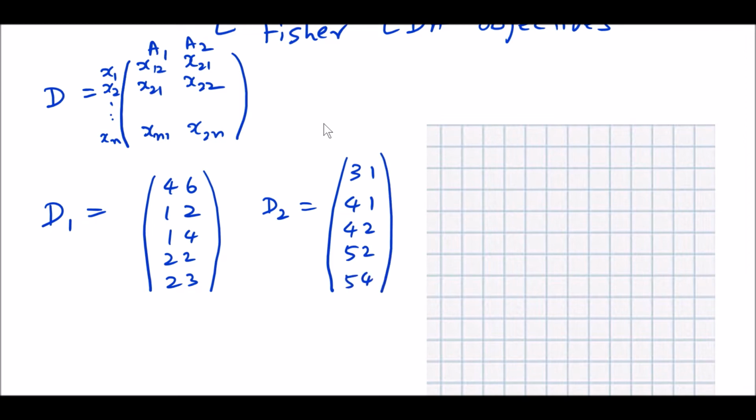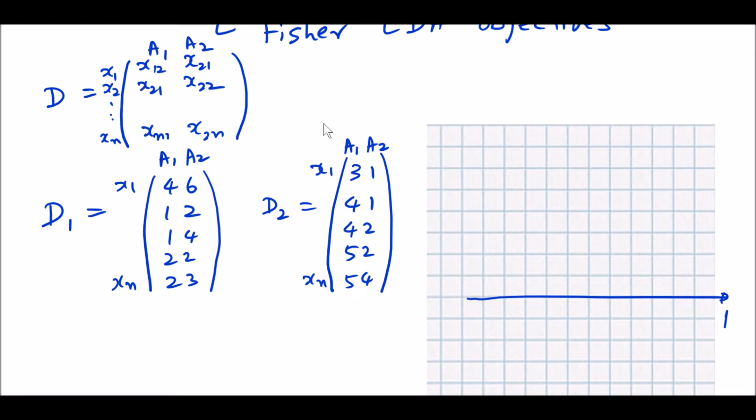Let's try to visualize what these data are by plotting them in this graph. The axes are attribute 1 and attribute 2, and the instances go x1 up to xn for the two data matrices.